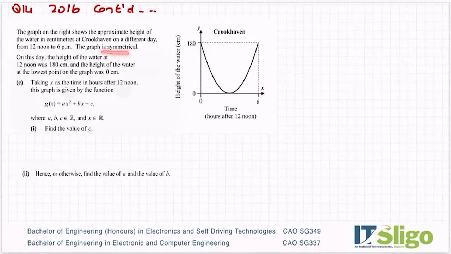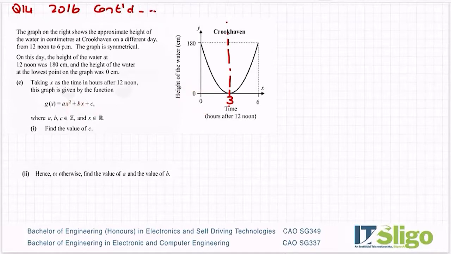Remember, it was said symmetrical, so write down the center of this graph is x equal to 3, because it's fully symmetrical. So when x is 0, I'll sub in 0 for them, and they'll cancel, and I should be able to solve for c.